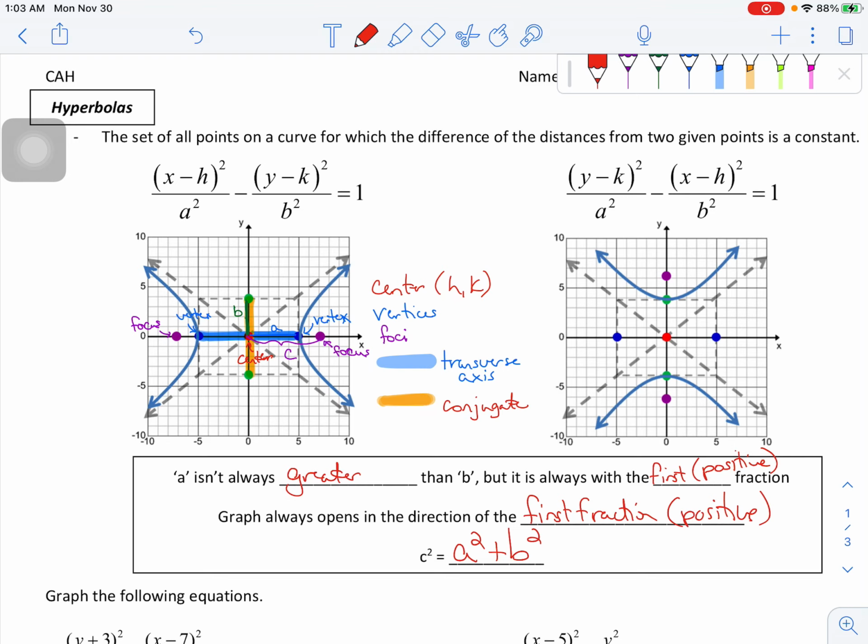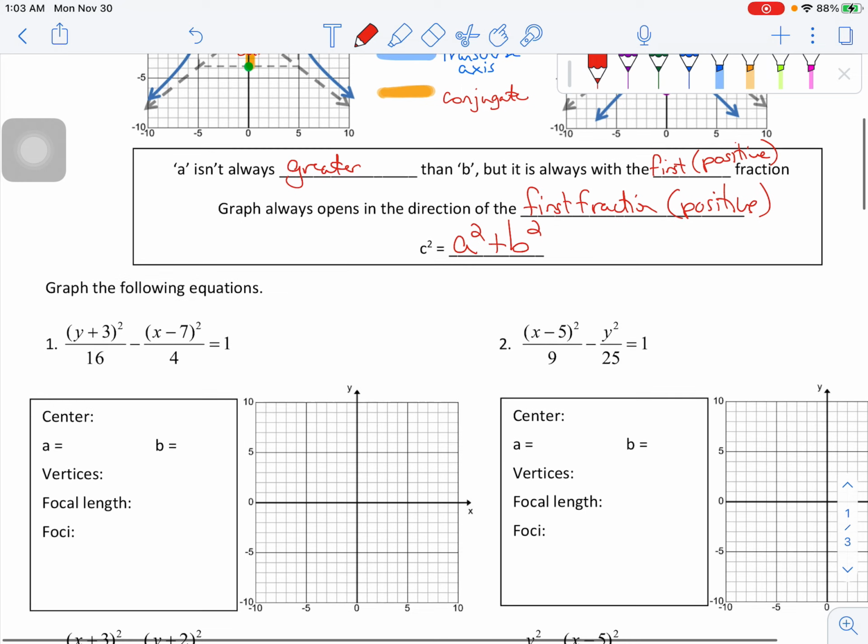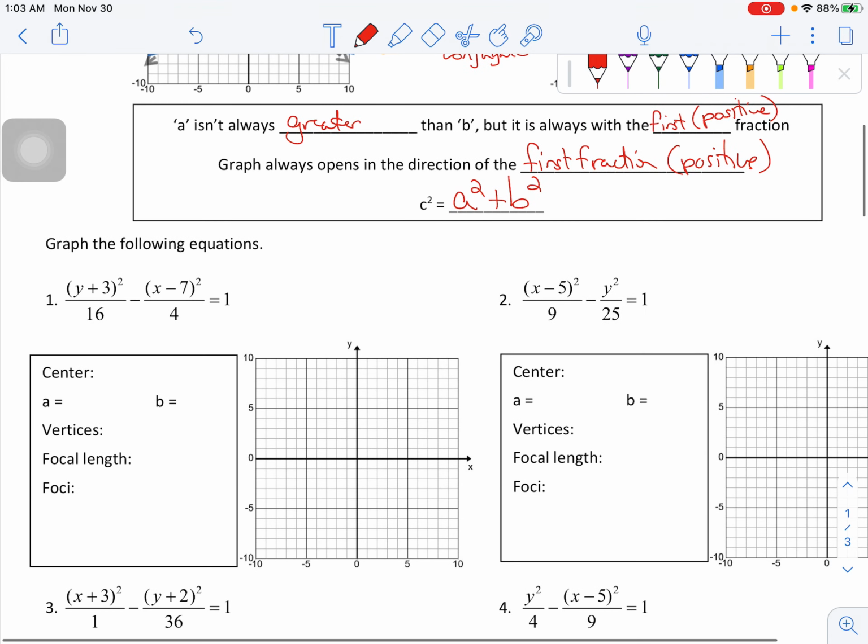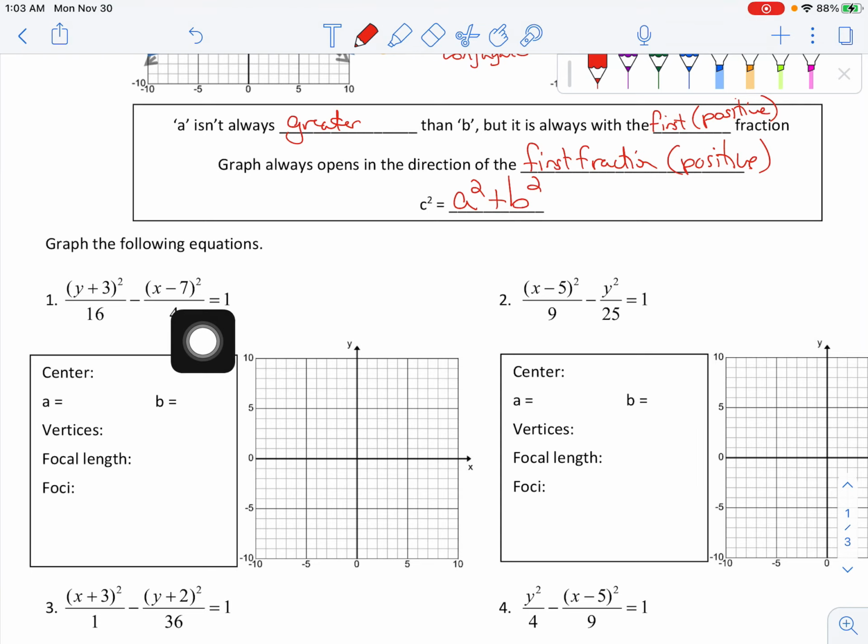So let's actually get into doing some graphing here. First thing I want to do is identify the center. So remember your (h, k). h is always associated with x, k is always associated with y. It doesn't matter which one comes first. So this is going to be (7, -3). Let's go ahead, 5, 7, 1, 2.